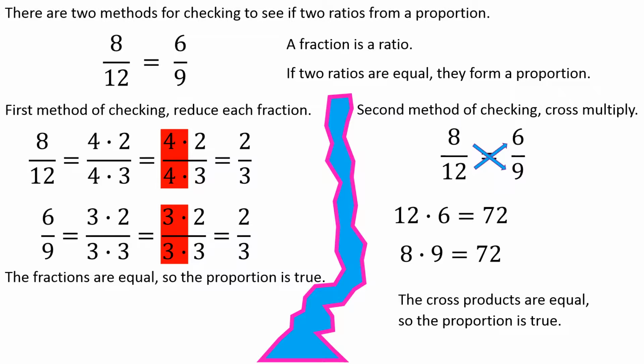I could have started instead with the 8 times 9 is 72. The key is making sure that when we use the cross products, I'm using the numerator from one fraction with the denominator from the other fraction. So those are two different ways of confirming whether or not two ratios form a proportion.